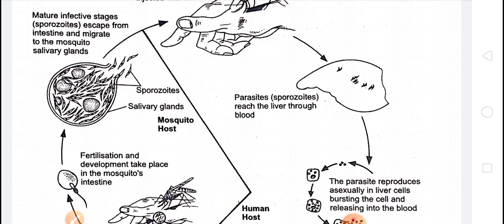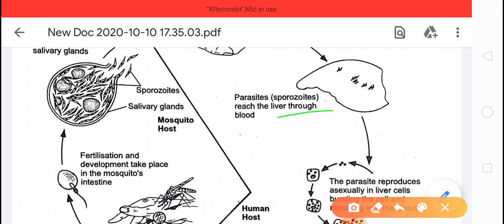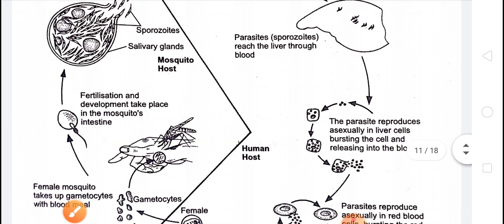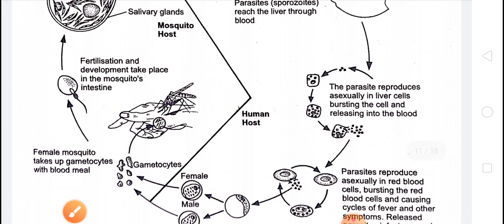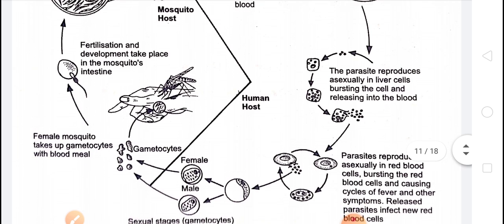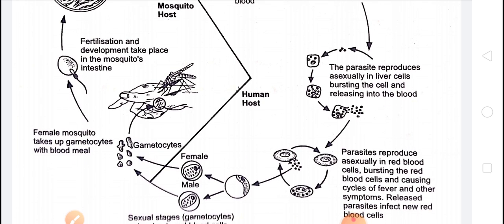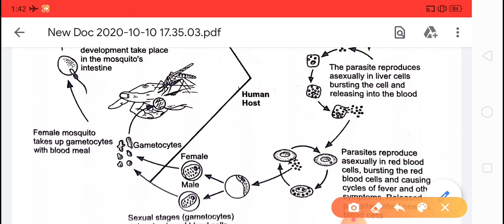After that, these sporozoites reach the liver of the person through blood. This is a diagram showing the liver. So through the blood, the sporozoites go to the liver. In the liver, the parasite reproduces asexually and then bursts.